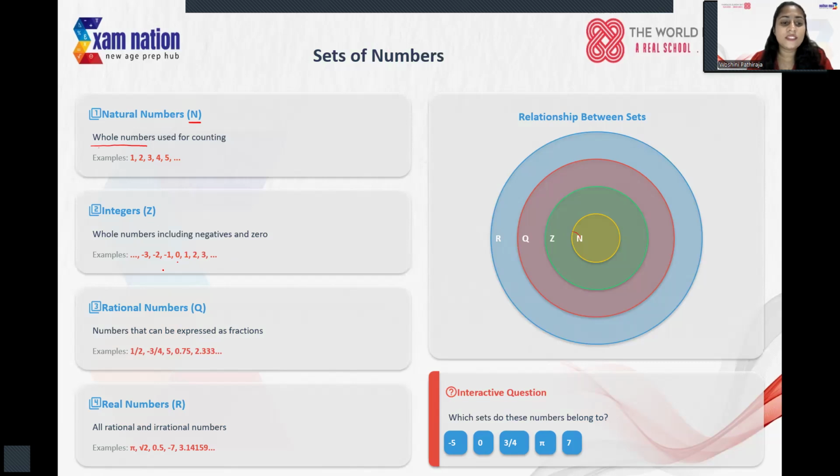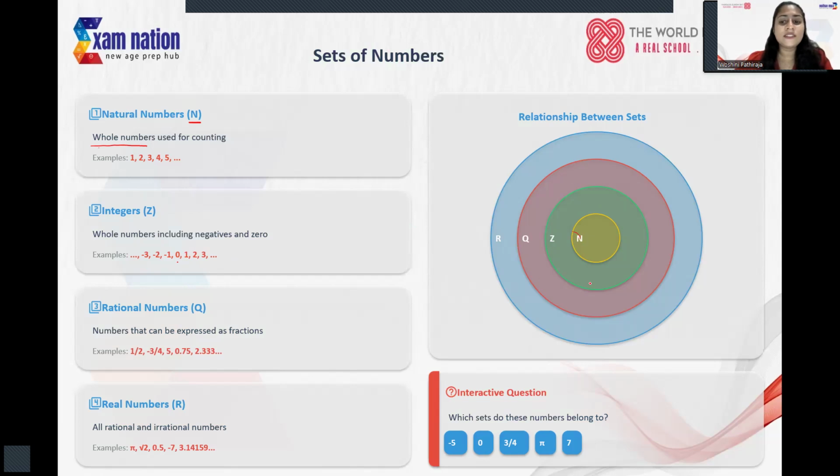Altogether, these numbers are called integers. We use capital Z to represent integers. N is for natural numbers, Z is for integers. So the natural numbers are a subset of the integers, right?